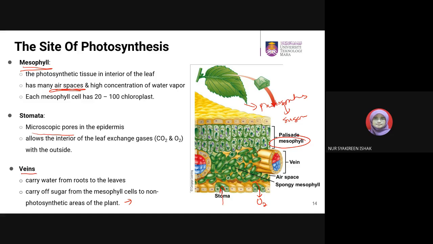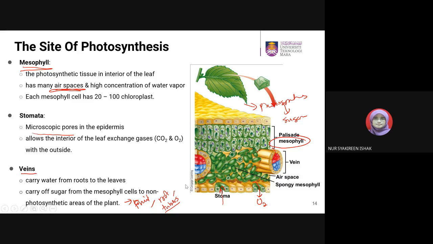Once the sugar is produced, they are carried by veins to other parts of the plant, such as the fruits. Okay, so fruits, as you taste fruits, they are sweet. And then roots, okay, tubers. So those are other parts of the plant that will store the product of photosynthesis.